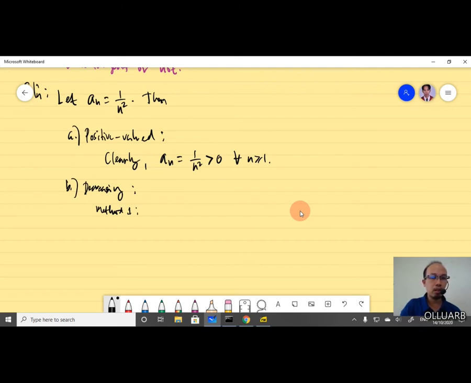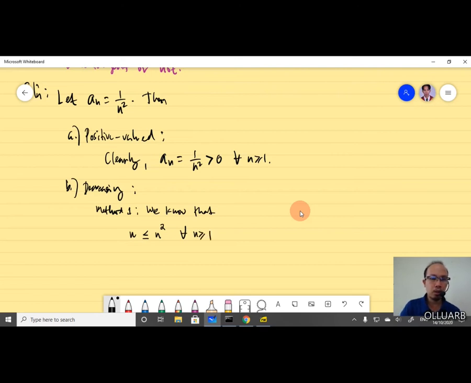If you use method 1, you can write, we know that n squared is clearly greater than or equal to n for all n greater than or equal to 1.